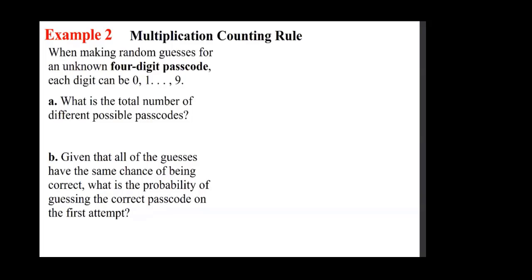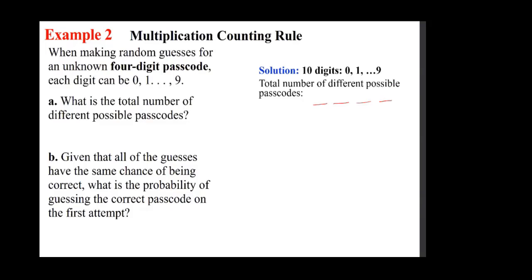First, it is important to know that when we go from 0 to 9, that means we have 10 digits. We want a 4-digit passcode. So basically we have 4 spots. In each case, since there is no restriction, we can use 10 digits in each case. There are 4 of them, 10 to the power of 4.